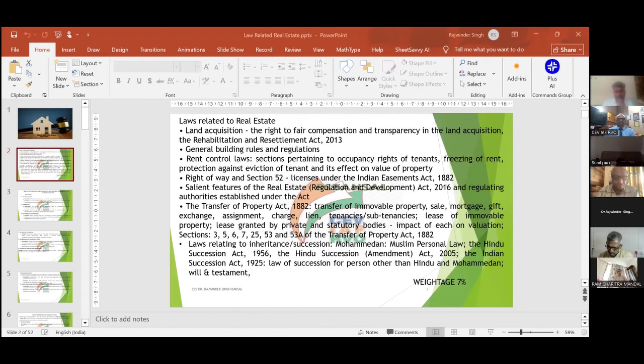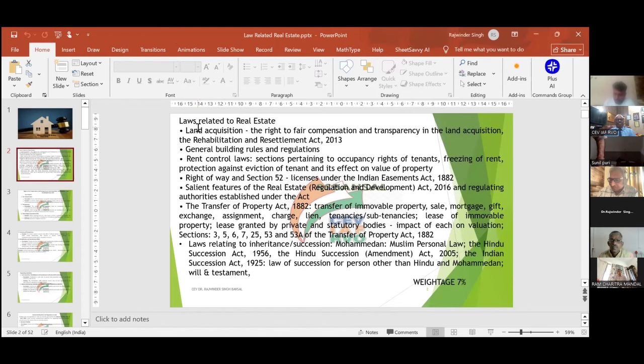In this topic, you have to learn about the Land Acquisition Act, the act which has been promulgated for land acquisition, which has to be done by the government for infrastructure purposes. That is LARR, Land Acquisition, Rehabilitation and Resettlement Act 2013.